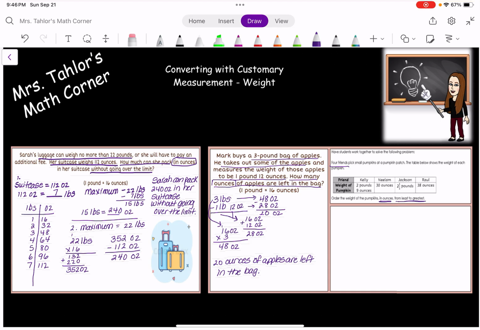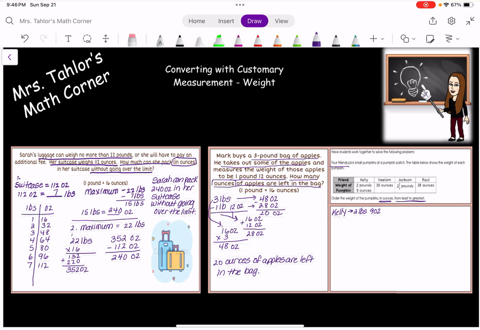Okay, so we need to convert all of these measurements into ounces, and then we need to order them from least to greatest. I'm going to start by going down the chart. I see that Kelly has 2 pounds, 9 ounces.